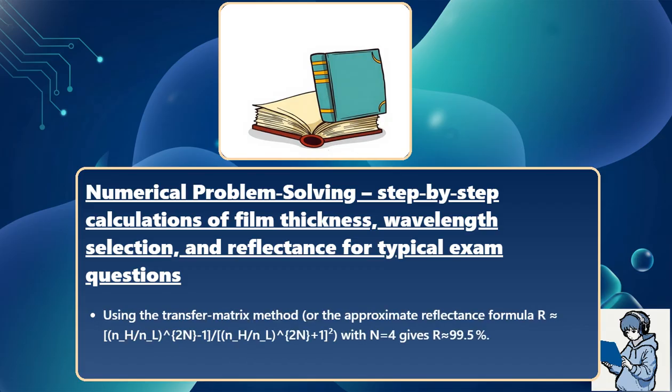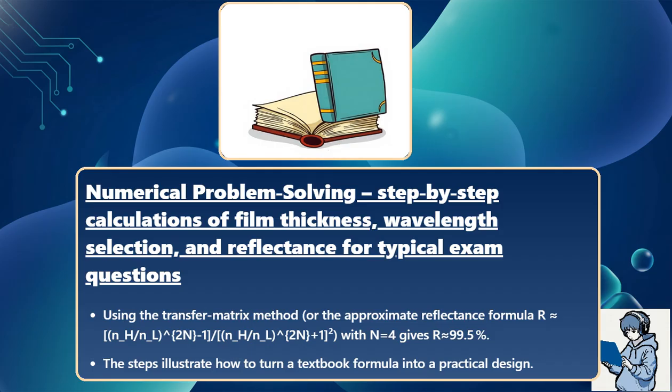Using the transfer matrix method or the approximate reflectance formula, R approximately (n high divided by n low) to the power of 2N minus 1 divided by (n high divided by n low) to the power of 2N plus 1, squared, with N equals 4, gives R approximately 99.5%.